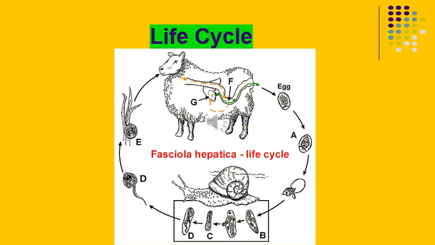After some time in the water, the eggs will hatch, and after that the miracidium penetrates the mollusc body, and it will change to a sporocyst, the mother sporocyst, and after that redia, and more redia, and finally the cercariae are released. These cercariae are released in the water, and they swim to go near the water plants, and after some time they will change to metacercariae.